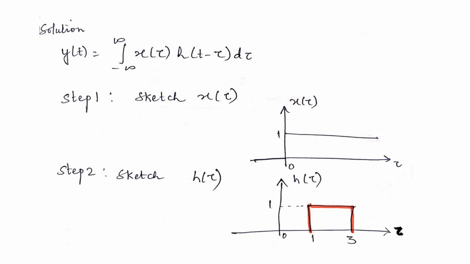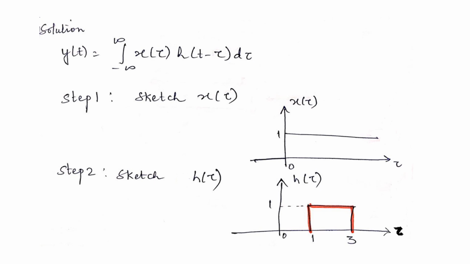After multiplying, we integrate and determine y of t. So the basic operations are folding, shifting, multiplication, and then integration. These are the four basic operations involved in convolution. So let us start with the first step.